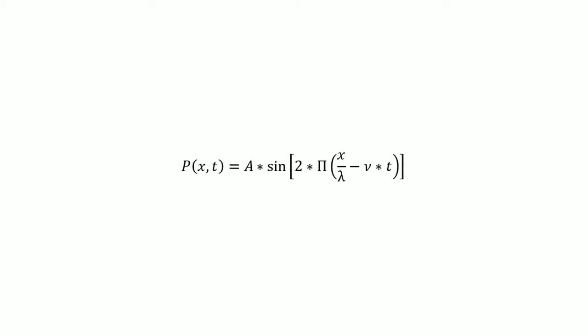Nu is the frequency, lambda is the wave's wavelength. In equation 2, 2 times pi times x over lambda is sometimes represented by the symbol phi and is called the wave's phase. P represents the pressure recorded at a certain time t by the microphone, which is located at the x position.